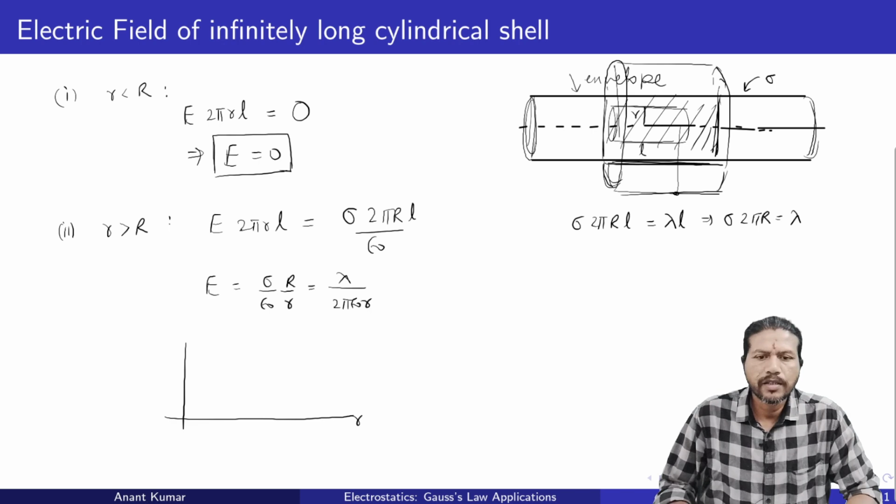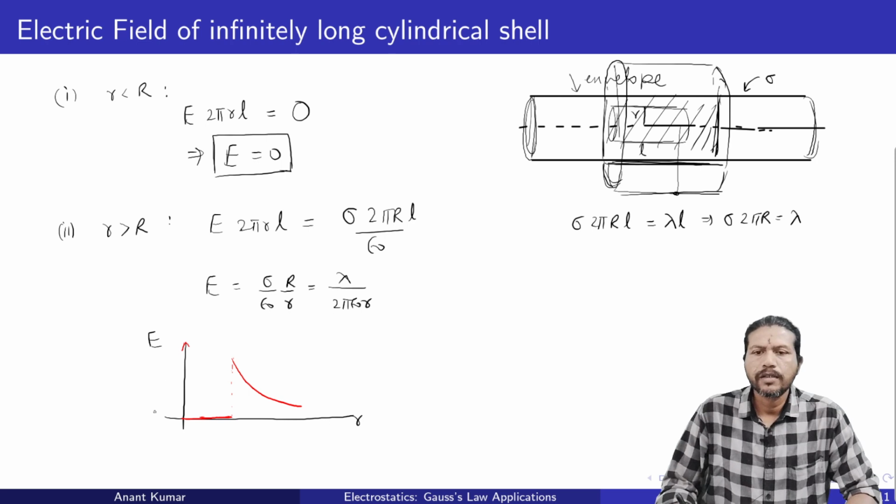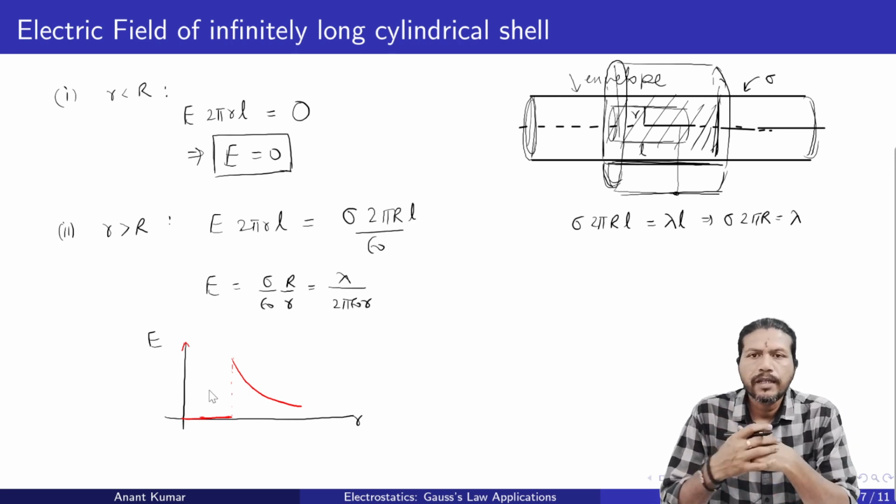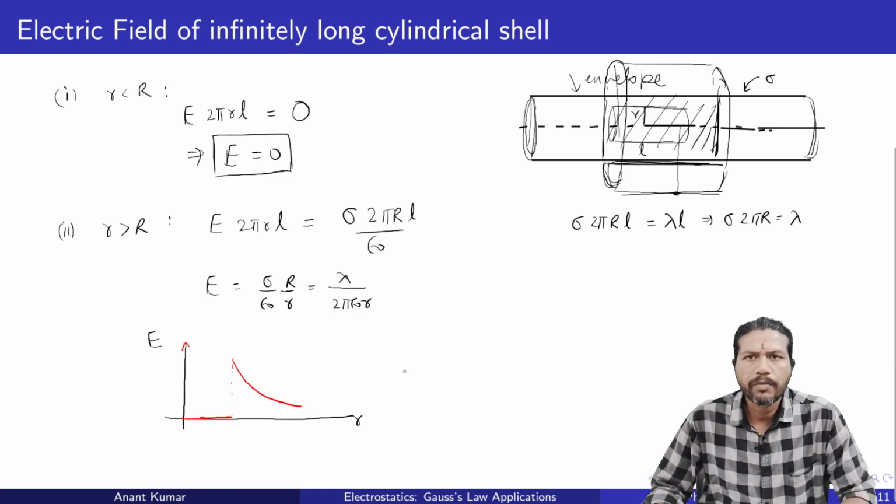The moment I reach the surface, it jumps to a certain value and then falls off as 1 by r. This is a very general property of the electric field: whenever you encounter a surface charge density, the electric field becomes discontinuous. In fact, it's the normal component which becomes discontinuous. So that's what we have for the cylindrical symmetry.